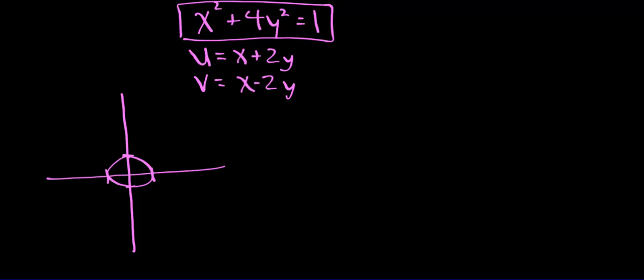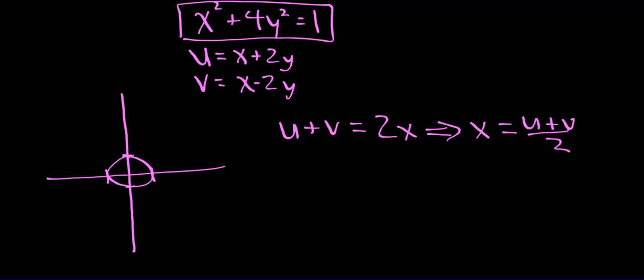Does everybody see that? In other words, we have something elliptical. Now, let's see a transformation that could happen. We could say u plus v. Well, u plus v is going to be 2x. So this means that x is equal to u plus v over 2. We could also say u minus v.